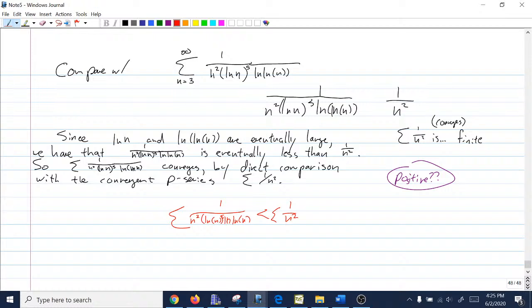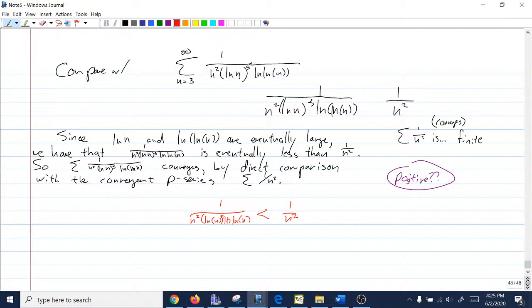I want to make sure I'm being clear that I'm talking about the terms, not the series. Talking only about the series means jumping to the finale, where you're using the direct comparison test before you verify that you can use the direct comparison test. The reason I'm writing it out is because I'm trying to verify that I can use the direct comparison test and not immediately saying the conclusion.